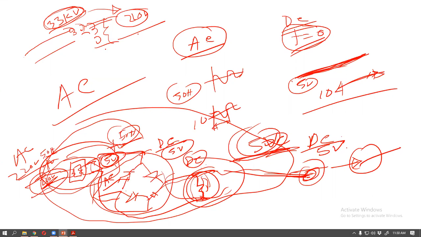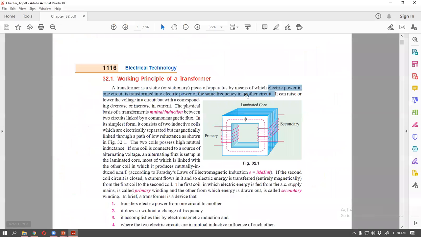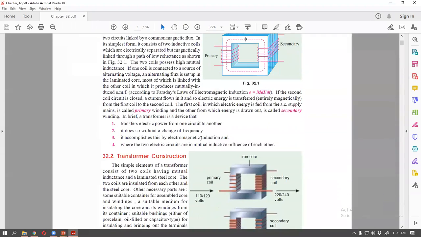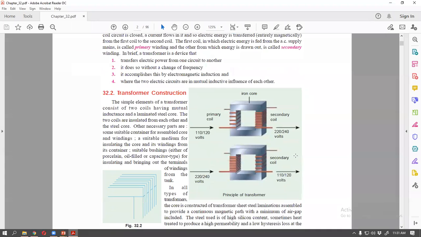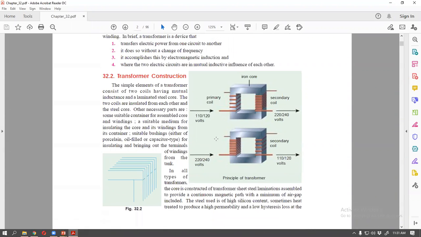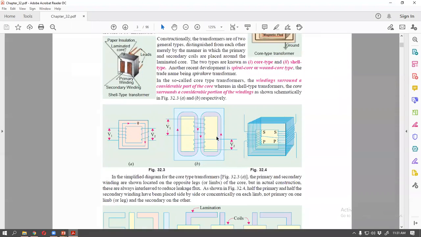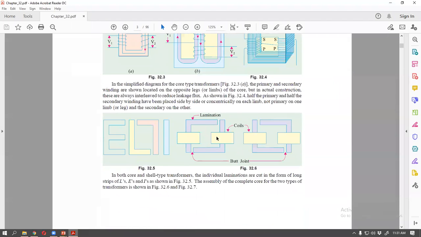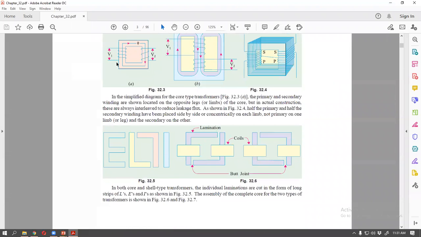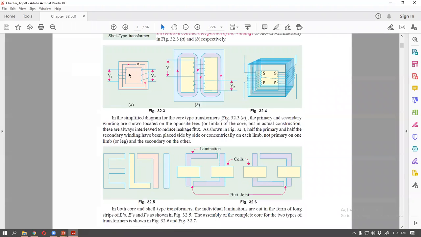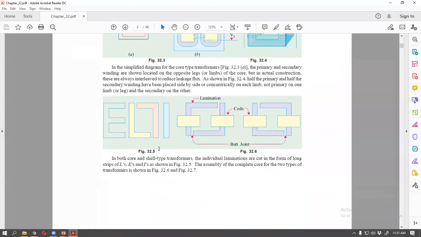Okay, so now this is the transformer. Transformer construction: this is the primary coil and this is the secondary coil. There are many types of transformer. When the design changes, the name changes.